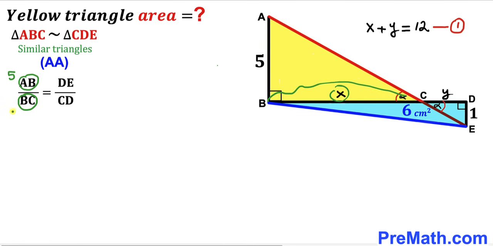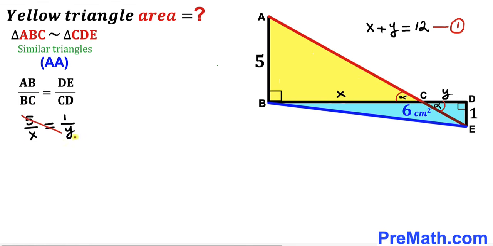DE is 1 centimeter, so I'm going to replace that with 1. And finally, CD is lowercase y. So we can write 5 divided by x equals 1 divided by y.